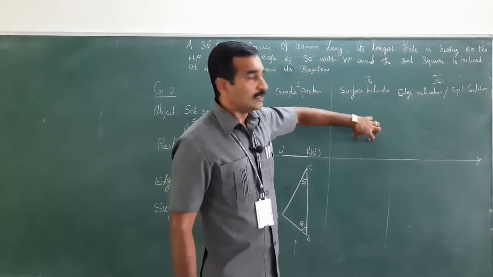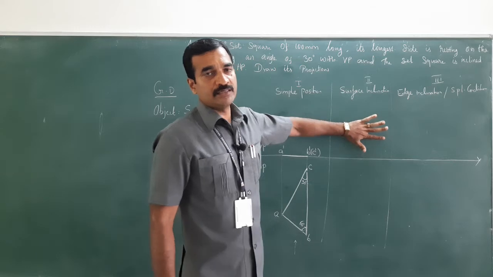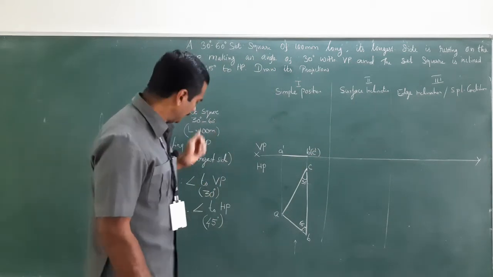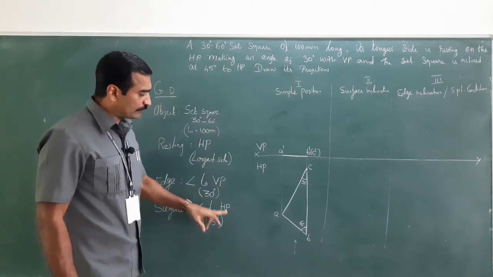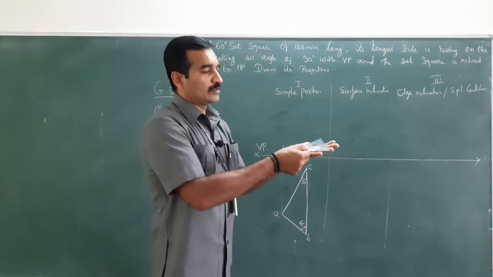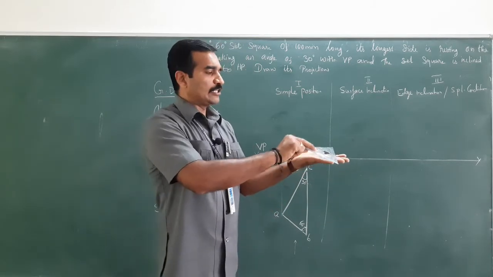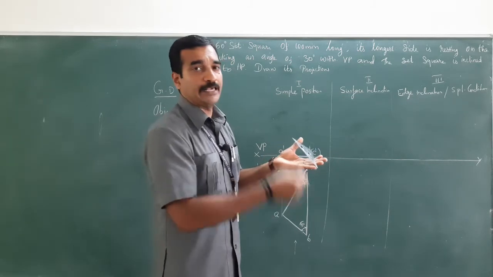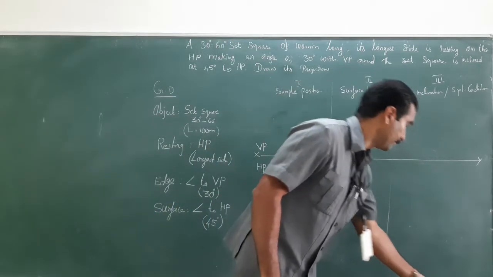Let's move to the second stage. This is for surface inclination. Look at here. The surface is inclined 45 degree to HP. So this is how it is resting and it has been tilted at this angle. When you look at from the front, you could see an inclined line.